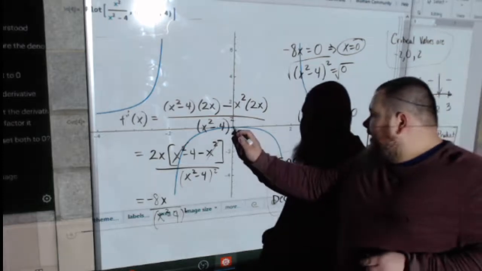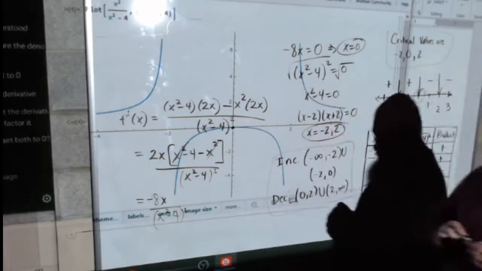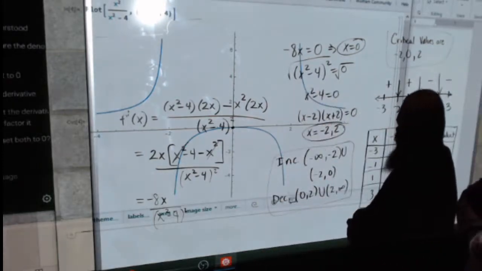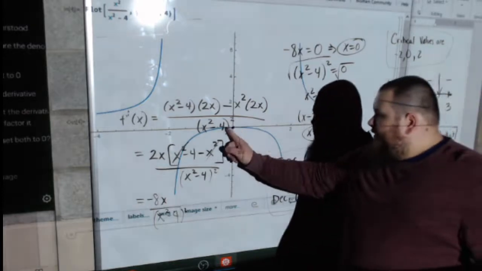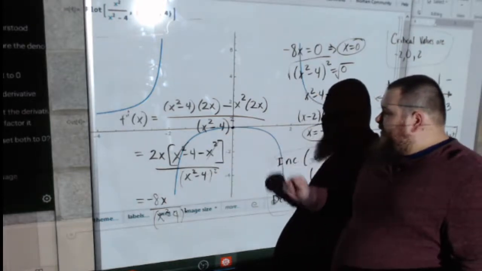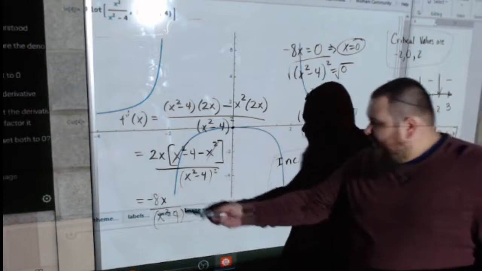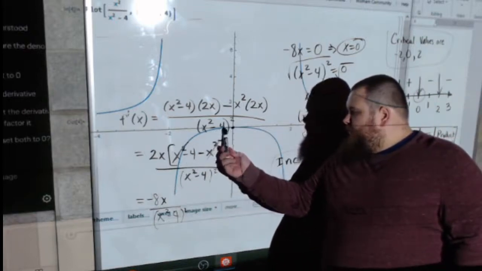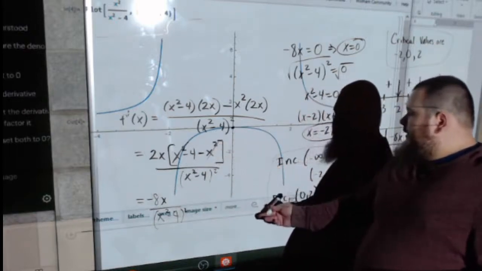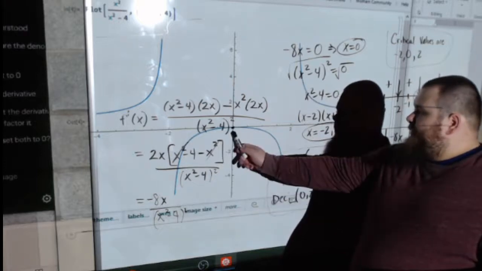So clearly from the plot here, at 0, this point is a local maximum. And that should make sense. If I go from a positive slope to negative slopes, I should have a maximum.